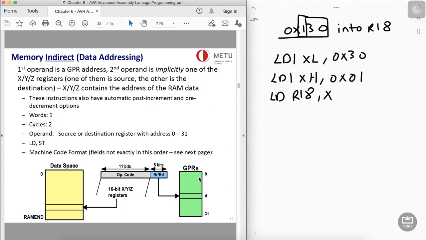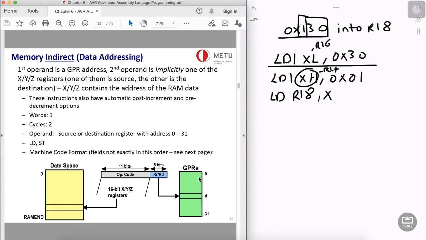I hope it's clear. Once again, the first instruction loads R26, the low byte of X, with hex 30, and then R27, the high byte of X, with hex 1, and then we copy the contents of this location 130 into R18.